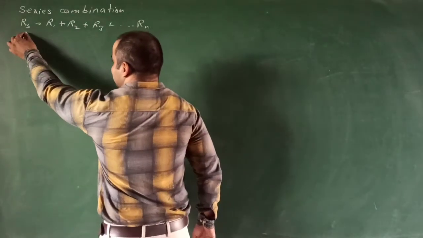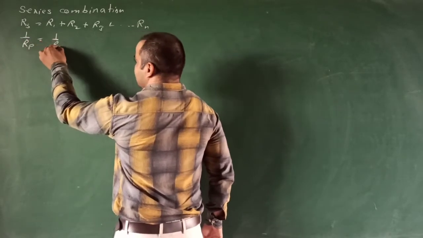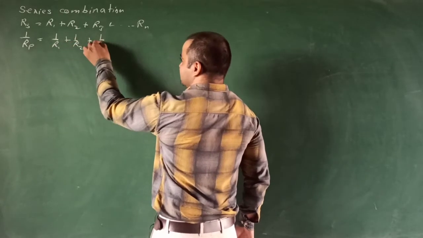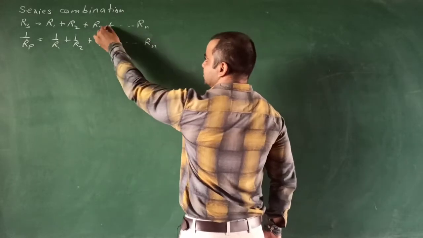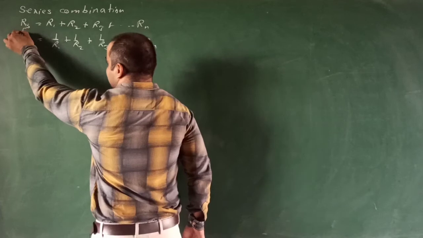And in parallel combination, 1 by R1 plus 1 by R2 plus 1 by R3 up to any number. This is for parallel combination.